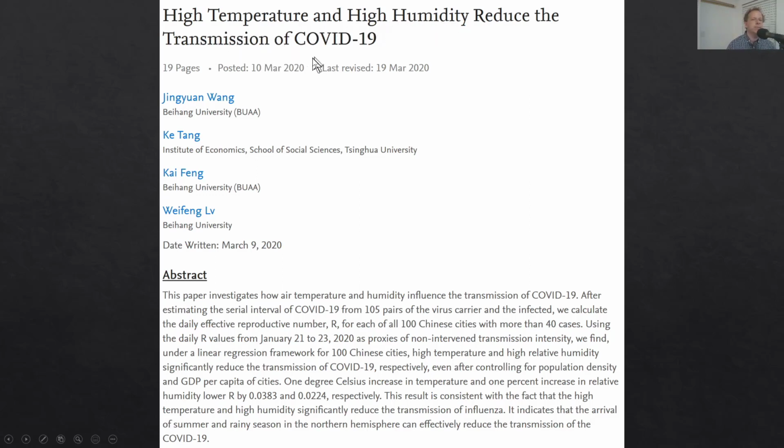Now this is a very important issue because if the claim of this paper is true, then that would mean that this is going to be a seasonal disease. And if this is a seasonal disease, then it's going to have massive policy implications. So let's try and find out how this was modeled and understand how to interpret this model.